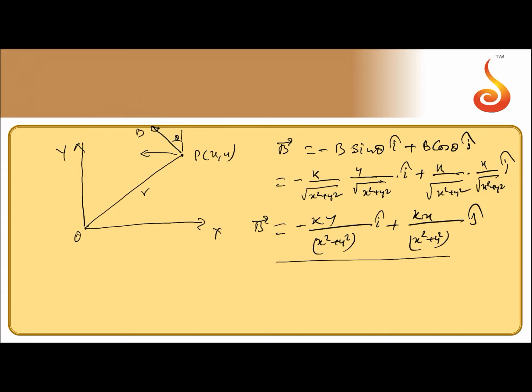So now let us consider a small segment of the wire AB at the point P with coordinates x, y.